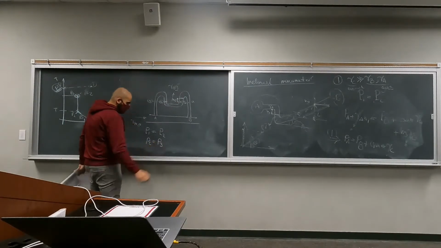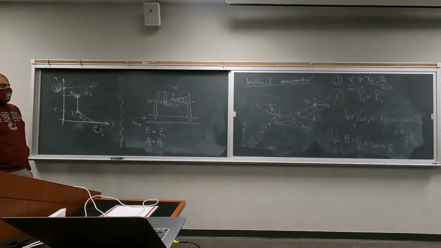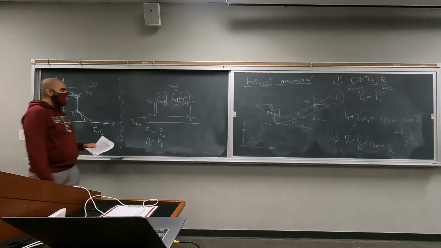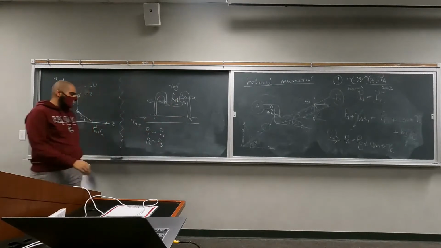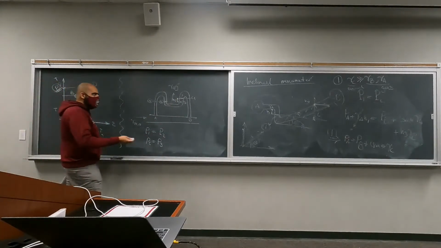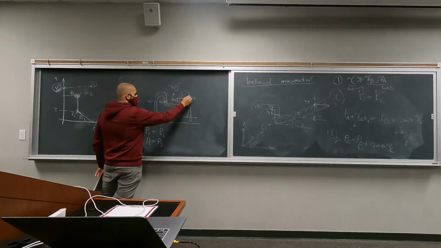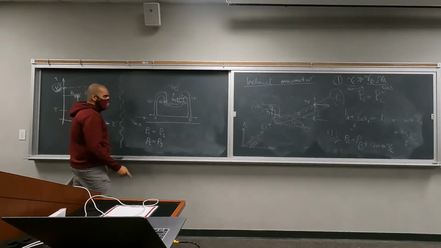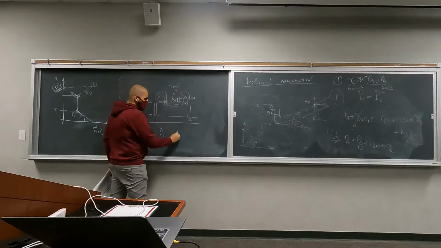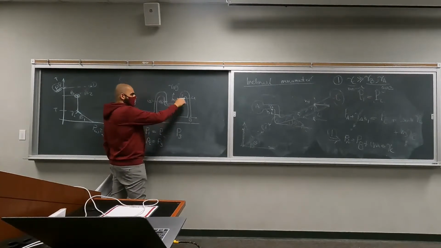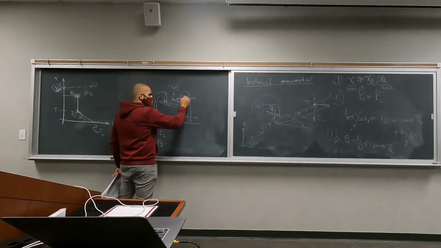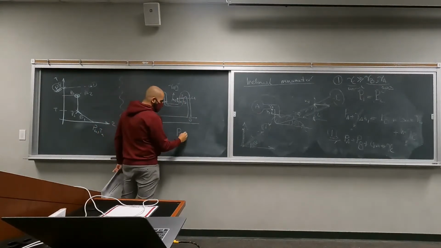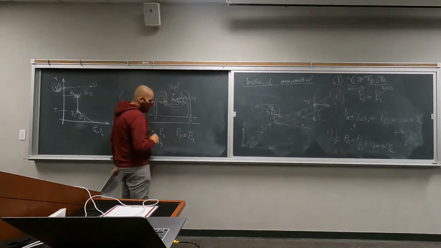So P2 has to be equal to P3, okay? And then we have another interface, for which we can write the same relationship, and that's point 5, which is the interface between water and mercury, and the same height in the water column. So P5 is going to be equal to P4.